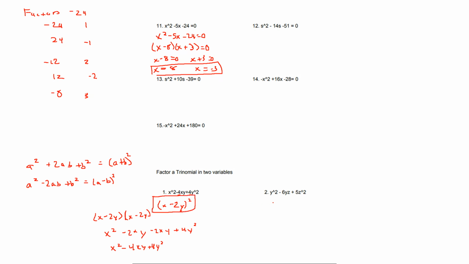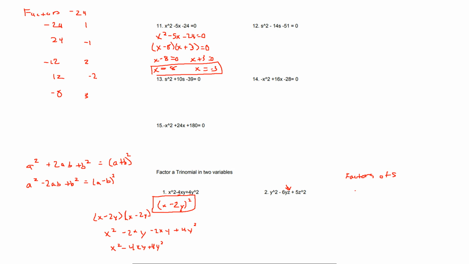Number 2 is similar. So we have a 5 and negative 6. And what we're doing is basically what we did before, except we're adding one more variable to the end. So we're finding the factors of 5 that add up to negative 6.